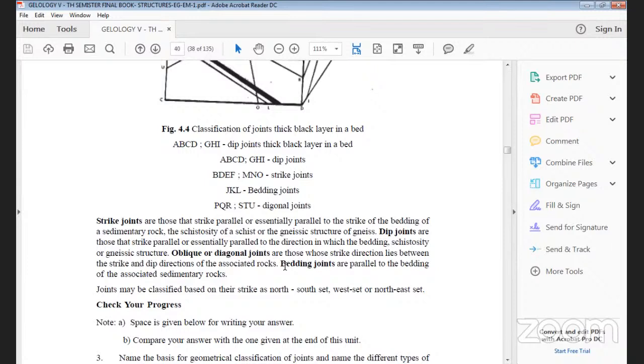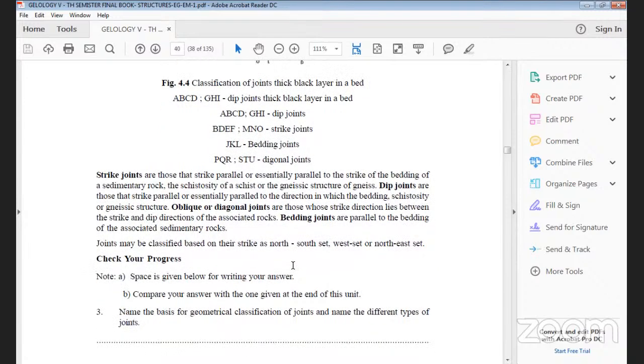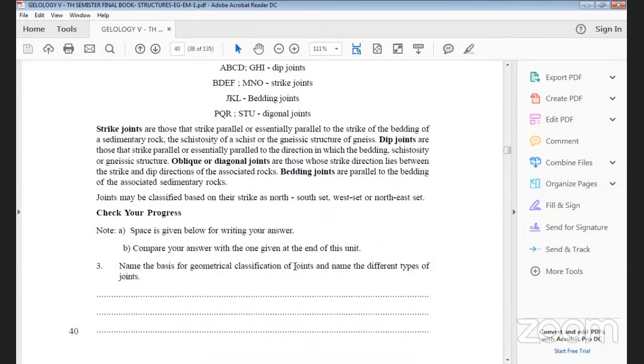Oblique or diagonal joints are those whose strike direction lies between the strike and the dip direction, and it is associated with the rock. Bedding joints are parallel to the beds.